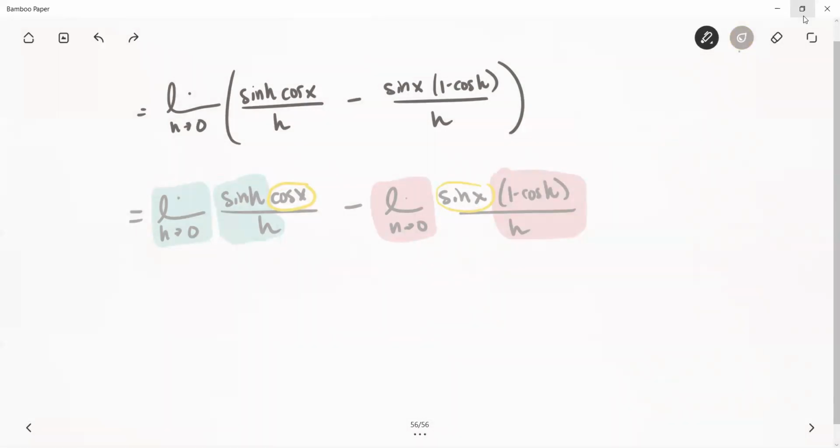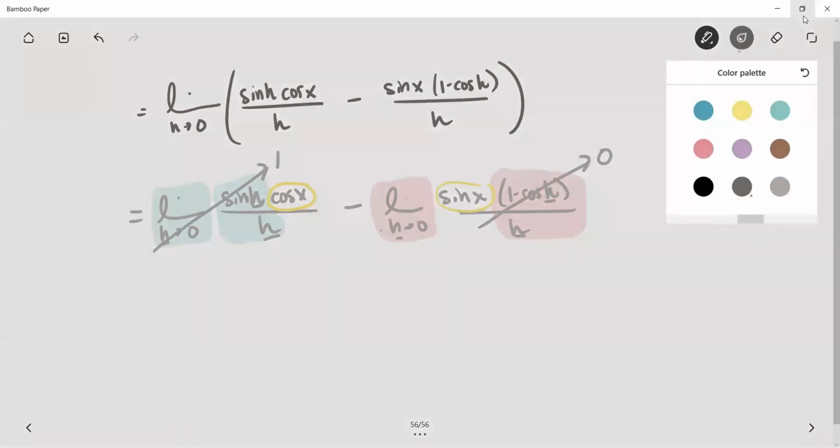So the limit as h goes to 0 of this, we know, as long as this, this, and this are all copies, this is going to 1. And the limit as h goes to 0 of 1 minus cosine of h over h is going to go to 0.